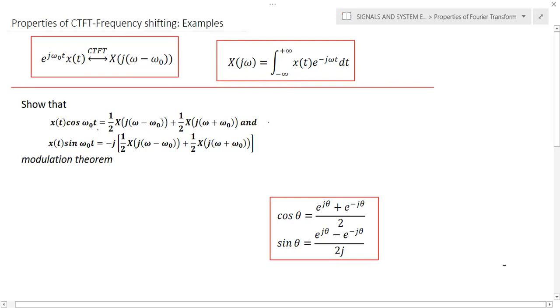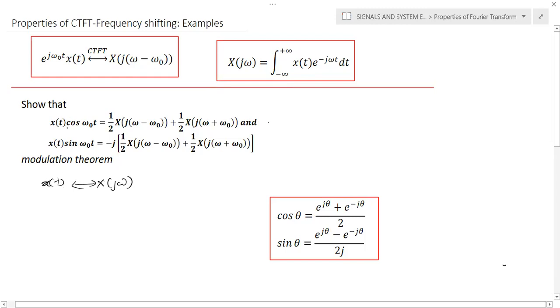And this is actually the amplitude modulation concept, where we are multiplying the given signal with a sinusoidal signal, a sinusoidal carrier. So for explaining this, assume that the transform of the signal x of t is x of j omega. Okay, the continuous time Fourier transform of the signal is x of j omega.